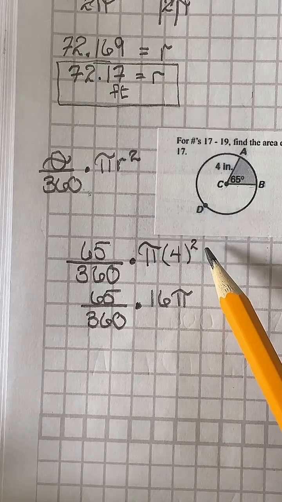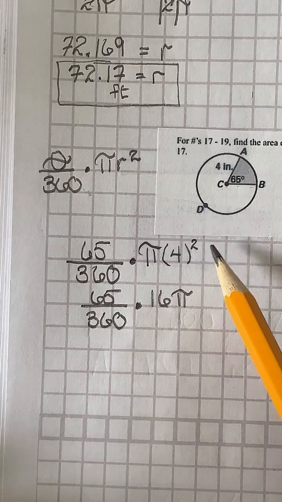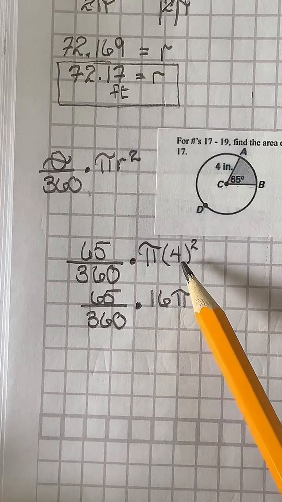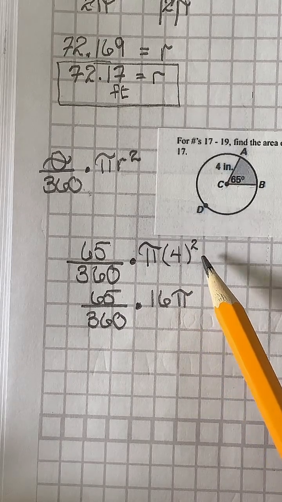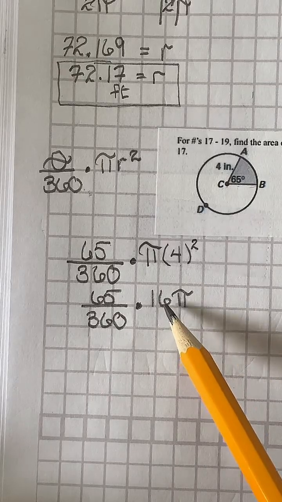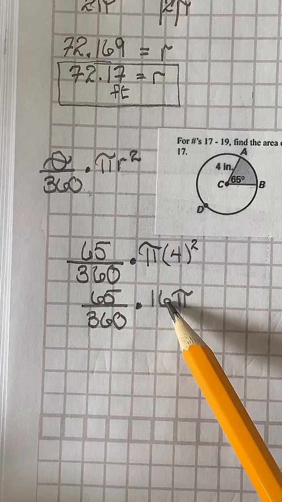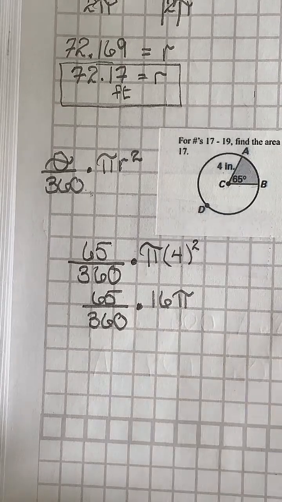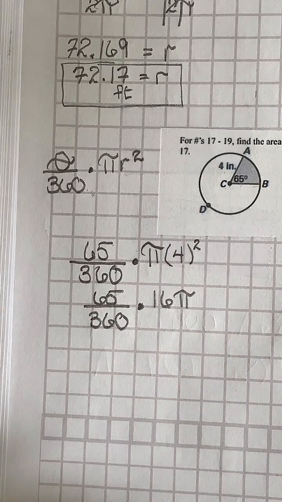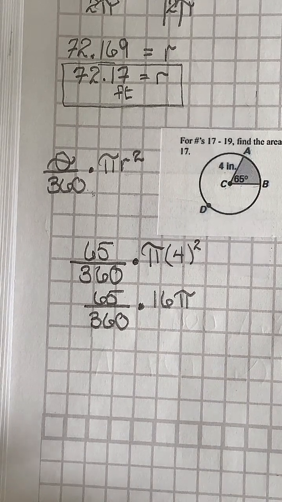When you're squaring it, you're not doubling it. Okay? You're taking a number multiplied by itself. So that's 4 times 4. That's where the 16 comes from. Okay? And the pi just comes down. I want to put my answer as exact as can be. Okay, so that means I'm not using 3.14.